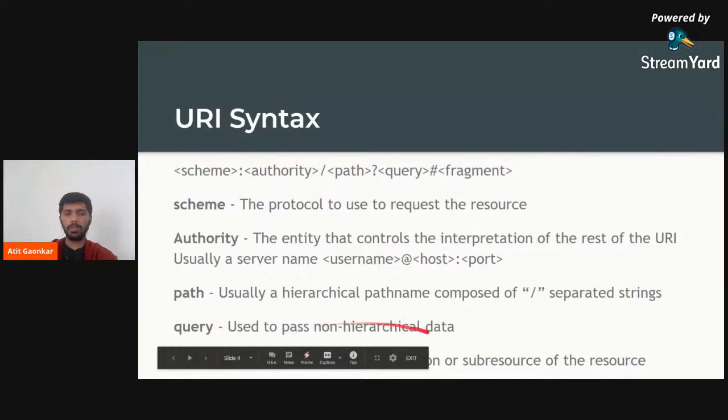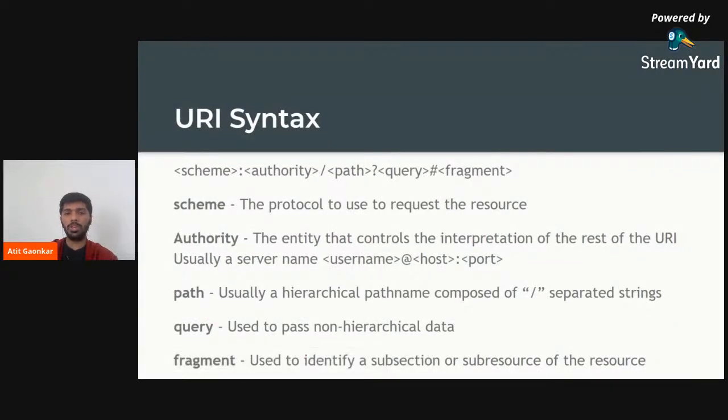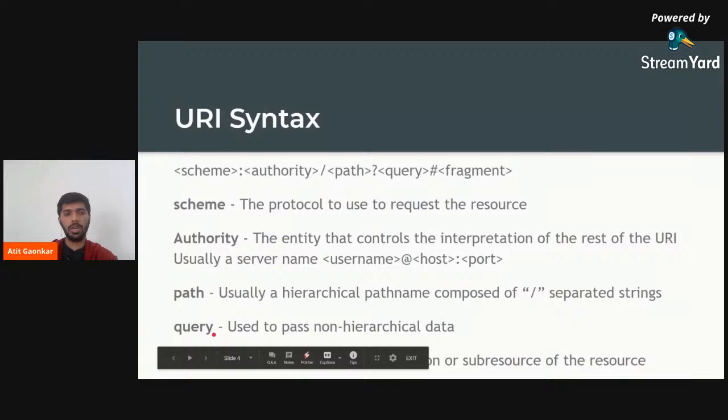Next is the query. For a given resource, the query is what you're trying to do on that resource. And what part of that result you want is provided by the fragment. Okay.